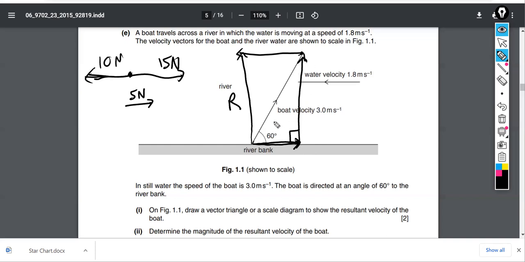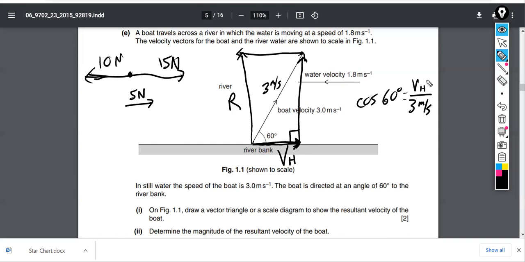So how do you resolve a vector? This vector right here is the 3 meters per second. It's a velocity of 3 meters per second at 60 degrees, you could say above horizontal or relative to the positive x-axis. This side right here, that's pointing right. A vector that goes up and to the right has a component to the right. So that's adjacent to this angle. We could remind ourselves that the cosine of 60 degrees is equal to the adjacent side, you could call it the horizontal component of this velocity, over the hypotenuse, which I know is 3.